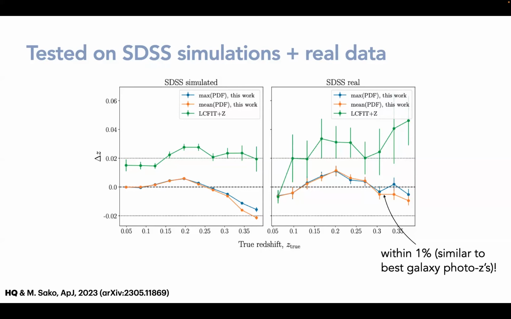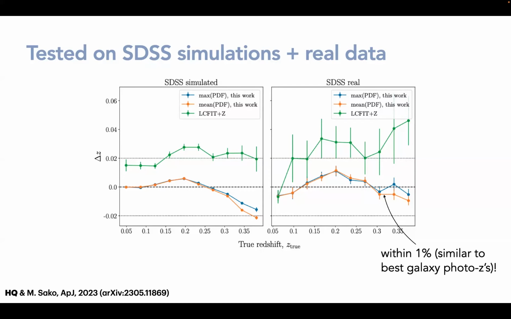These results are without any prior, but if you do combine it in a Bayesian way with the host galaxy redshift as a prior, the LC-FIP plus Z estimates improve, but ours improve as well for serious outliers.